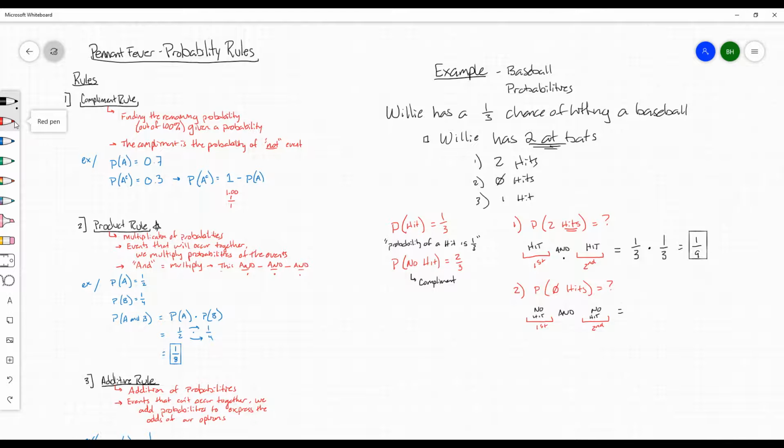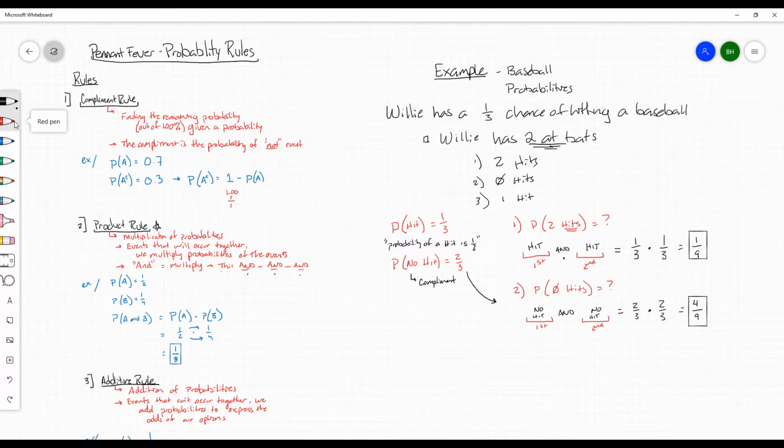The odds of him getting no hit is 2 out of 3. This is where we use the complement of what we found earlier, and do that again because we want him to not hit twice, and we end up with a probability of 4/9.